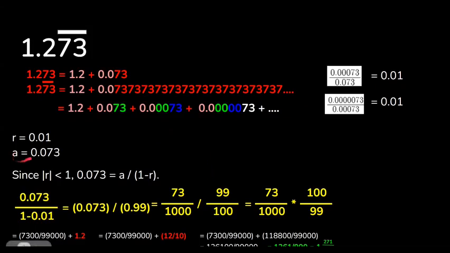That's R. A is always going to be the first term when you separate it. And if the absolute value of R is less than 1, which it always will be in this case, you simply do this, A divided by 1 minus R, and from there it's just simply making things into fractions and common denominators and there you go. That's how you do it.